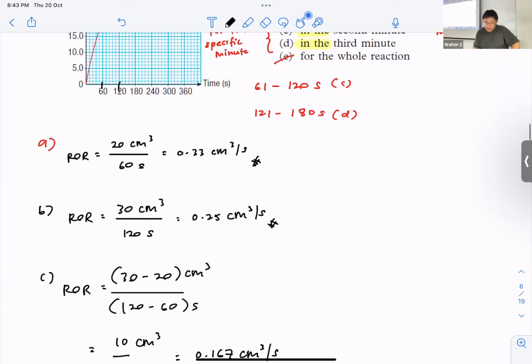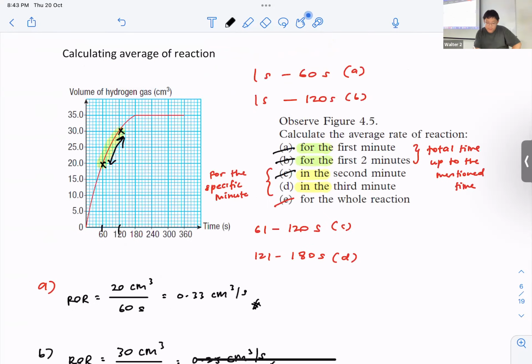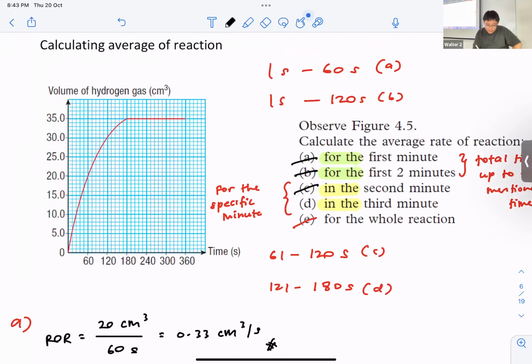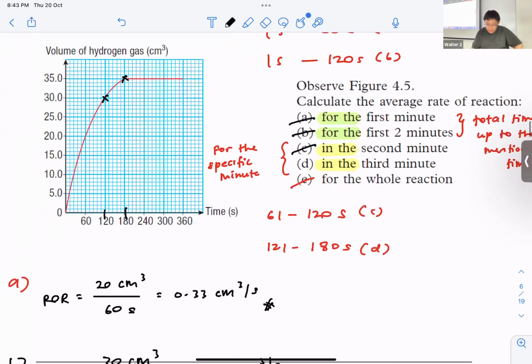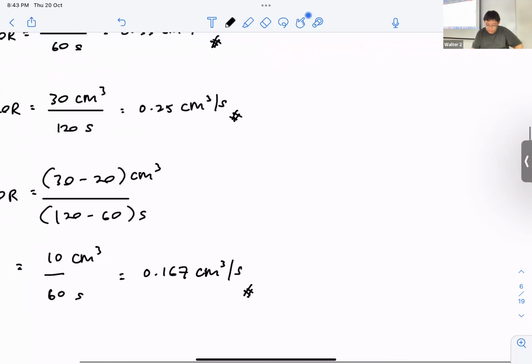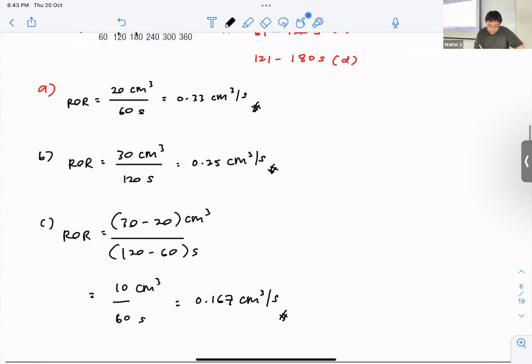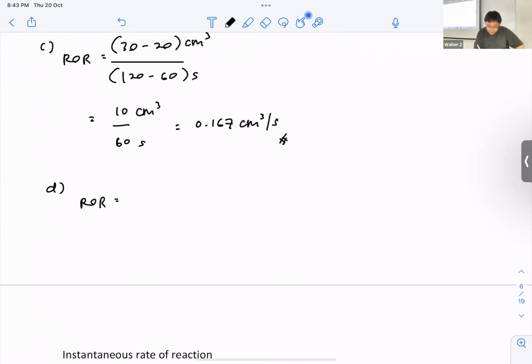And then for D, in the third minute, you have to take the second and the third minute points, which are 30 and 35 cm3, and you do the same thing. So rate of reaction will be 35 minus 30 divided by 180 minus 120.